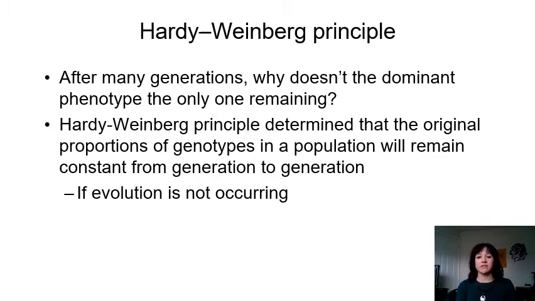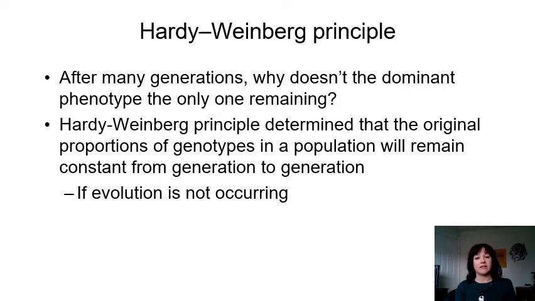So for example, in our case of the flowers with the purple or the white flowers, we said that the purple flower allele was the dominant allele. And so you may wonder, how come over time, over many generations, the white color doesn't just go away, right? Why is it that there's still plants out there with white flowers? So the Hardy-Weinberg principle explains this.